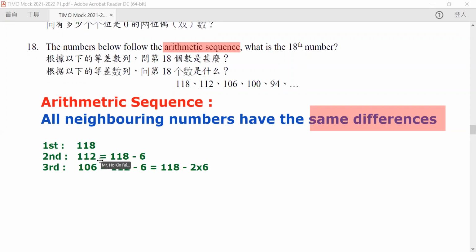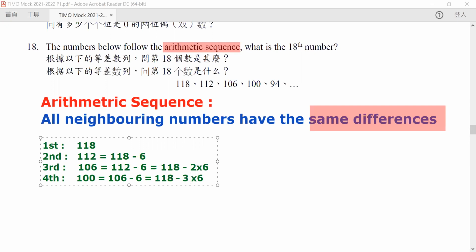So if we proceed to list them out, you will soon find the pattern here. Our fourth number is equal to 106 minus 6, but what is this? It is equal to 118 minus 3 times 6.